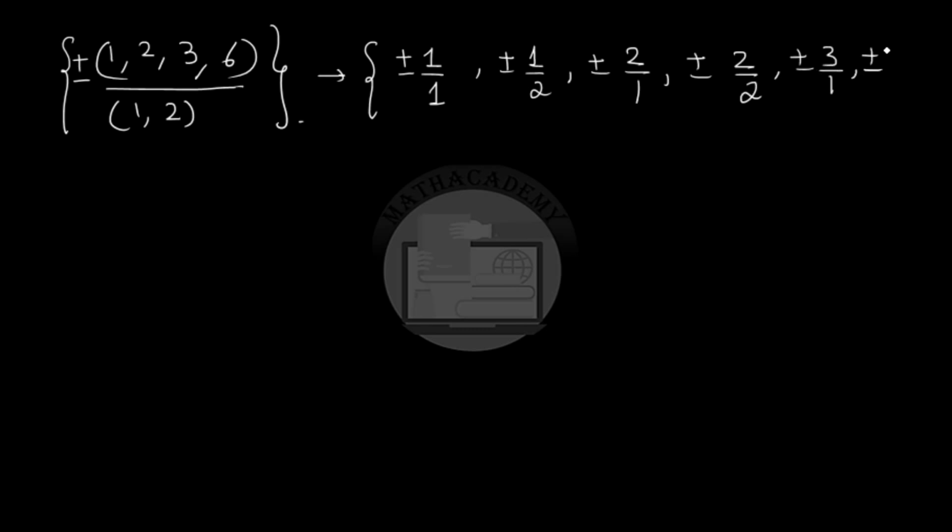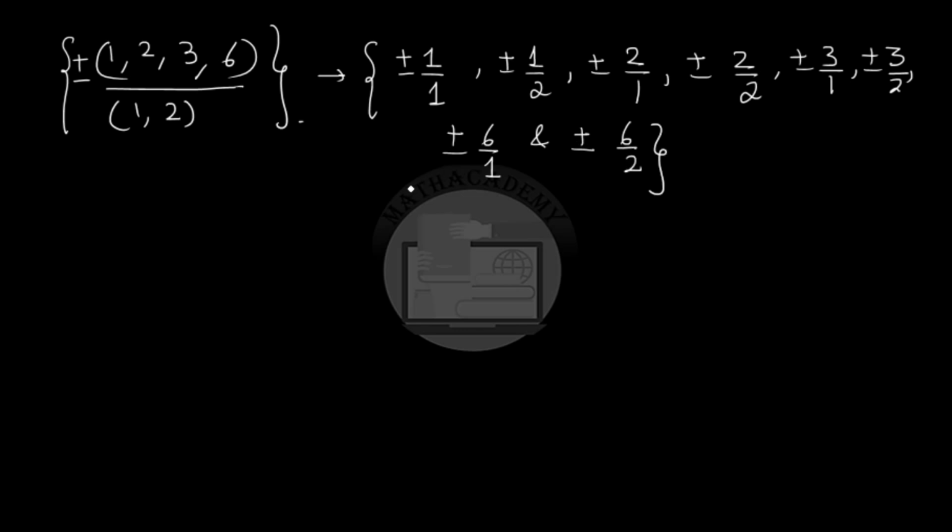In this case we can have 1, 2, 3, 6, divided by 1, 2, which are the factors of the leading coefficient. So the possible values are plus minus 1 over 1, plus minus 1 over 2, plus minus 2 over 1, plus minus 2 over 2, plus minus 3 over 1, plus minus 3 over 2, plus minus 6 over 1 and plus minus 6 over 2.